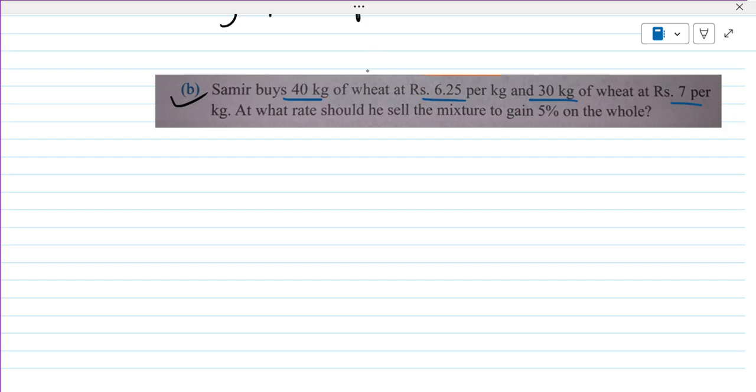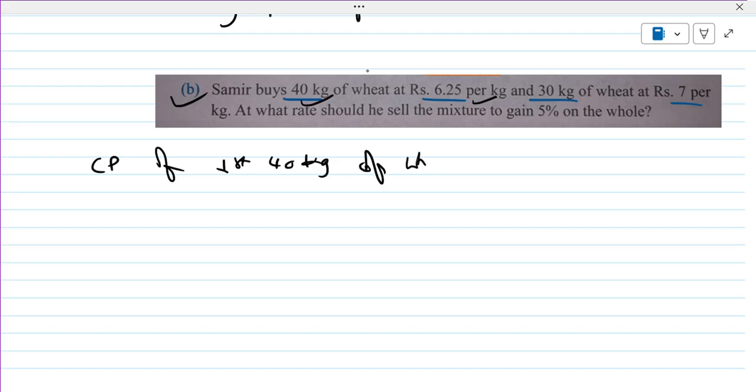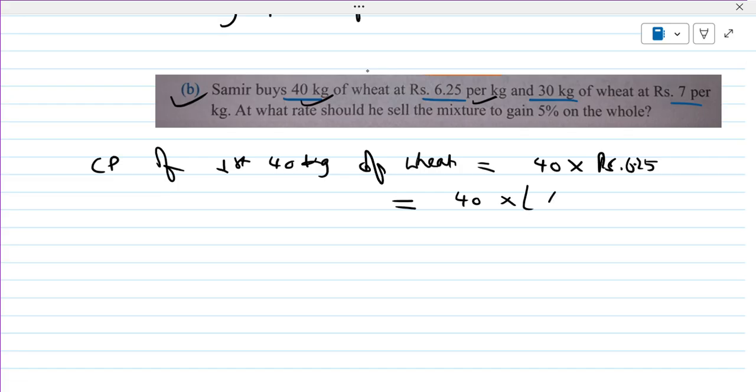Okay, so what's the idea? Samir buys 40 kg of wheat at rupees 6.25 per kg. So first we find the cost price of the first 40 kg of wheat. That will become rupees 40 into rupees 6.25, is it? Okay, so let's multiply it. You are not allowed to use a calculator, so let's break it in a smart way.